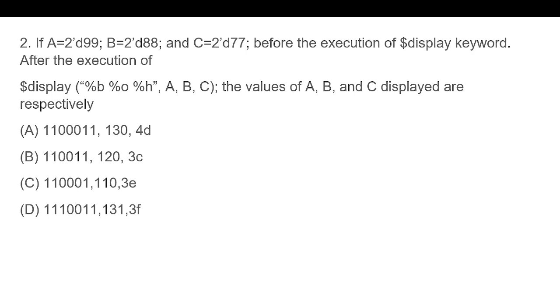The next question. A is equal to decimal 99, B is decimal 88, and C is again decimal 77. We show the execution of this $display statement. So we have not performed any other operation. So this statement is $display, used to display these values, and percentage with B, O or H represents which data type you are displaying.